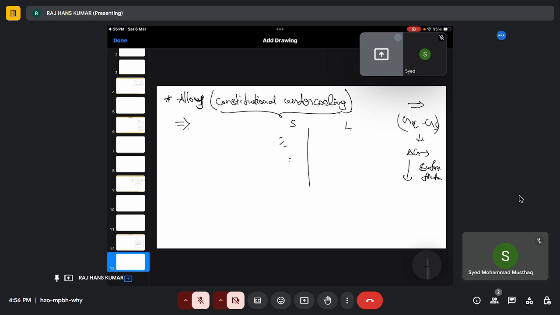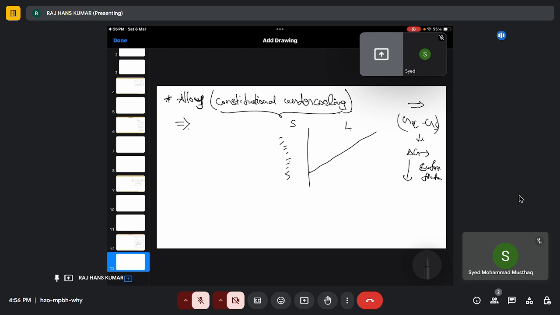Now, if some amount of solid is being rejected in liquid, right? Now, let's say this is my temperature gradient in liquid. Okay.